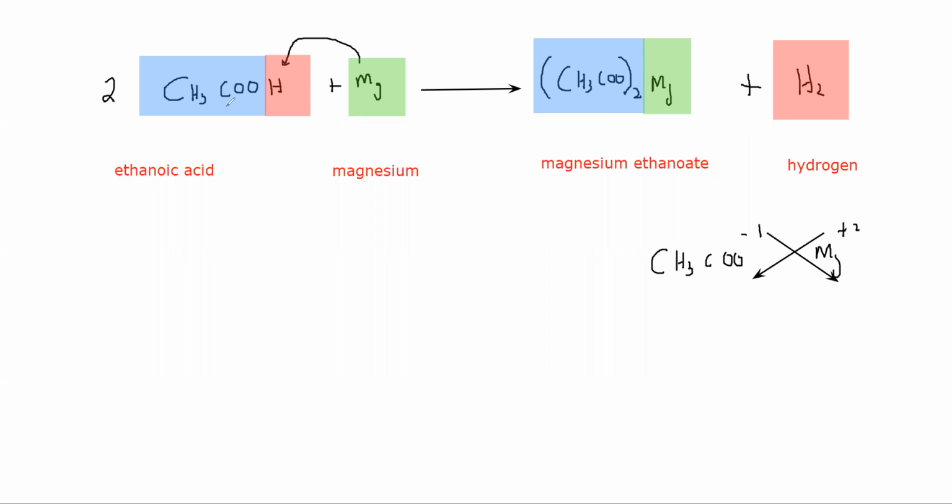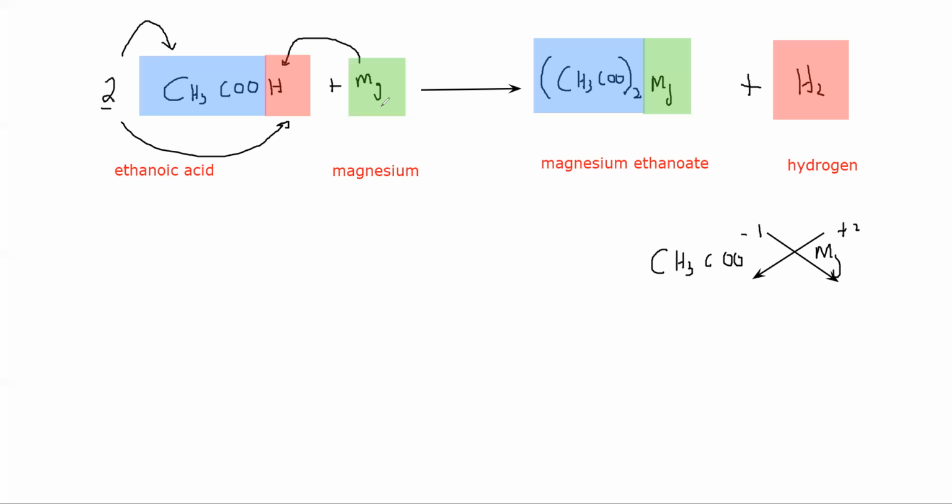How many CH3COO on the left hand side? This 2 is with this as well. So how many CH3COO on the left hand side? 2. How many are there on the right hand side? Also 2. So that is balanced. CH3COO, 2 is there on the right, 2 is there on the left, so it's balanced.